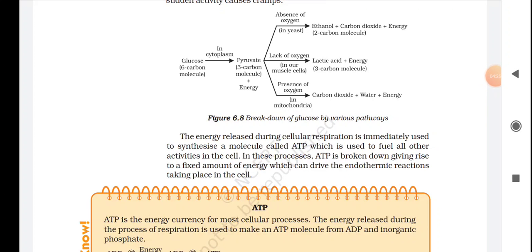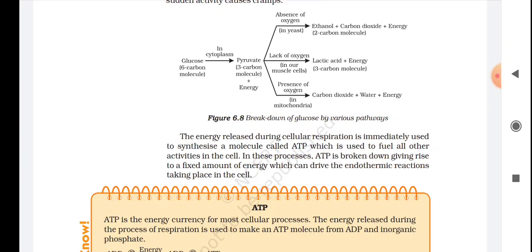Children, 3 molecules, right? So in this way, how many molecules of carbon dioxide will we get? 6 molecules of carbon dioxide. How? As you know, 2 pyruvic acid molecules are formed in glycolysis. If one pyruvic acid molecule gives 3 molecules of carbon dioxide, then 2 molecules of pyruvic acid give, obviously, 6 molecules.